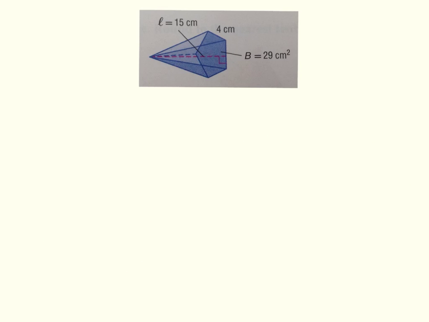So let's look at this example. Remember, our formula is L equals 1/2 P, which is the perimeter, times L. The perimeter of the base is 20 because one of the edges is 4 and there are 5 of them.